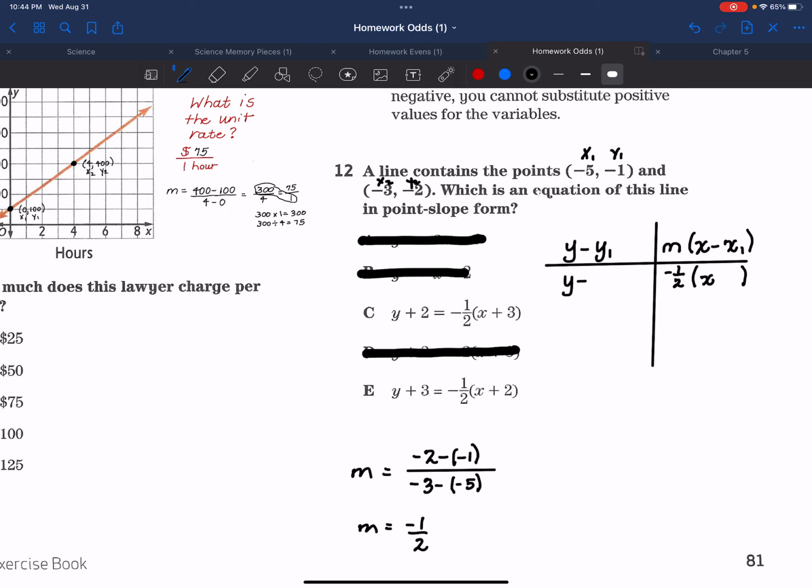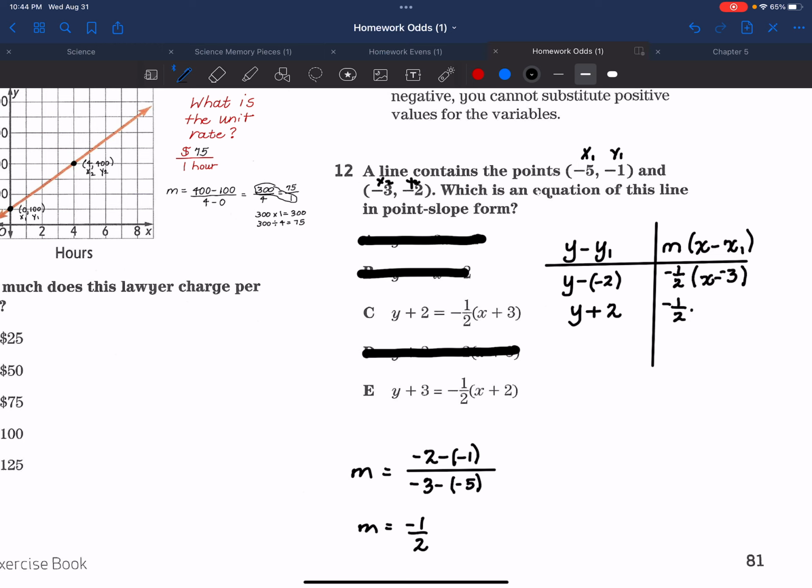But the y is 2 or 3. Well, y was not a 2. y was a negative 2 when x was a negative 3. Be very careful here with those negative signs, because those two negatives become a positive 2.